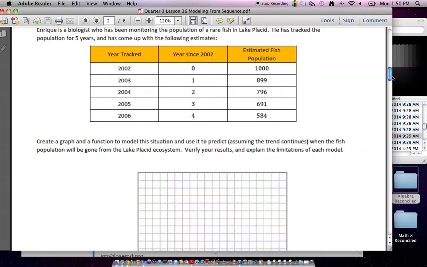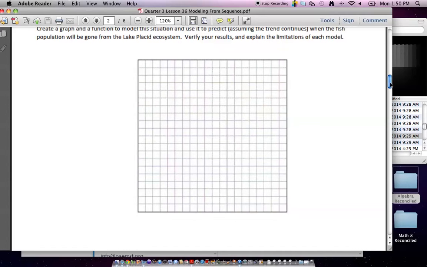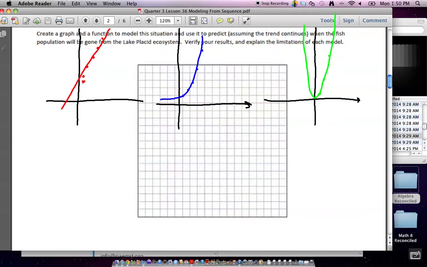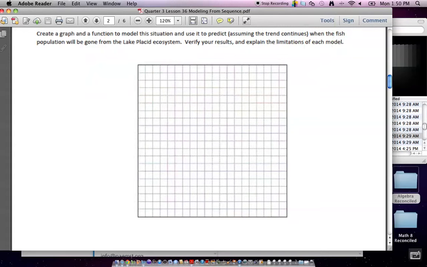Oh, in the other class I did this slightly differently. I didn't realize there was a column in the middle for years since 2002. So I can actually do it without the break. I'm going to need someone again to read those numbers off to me. So let's graph it. This is going to be your 0.